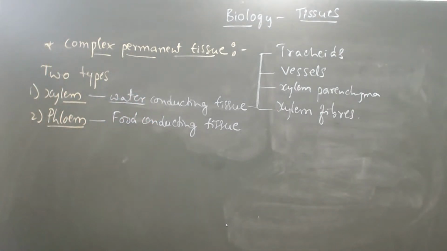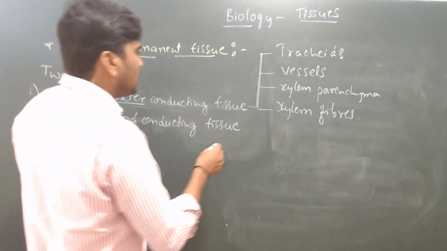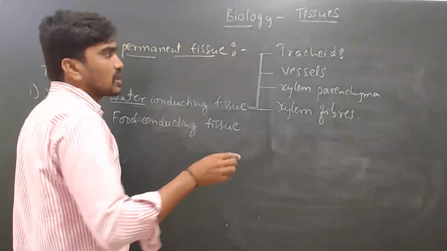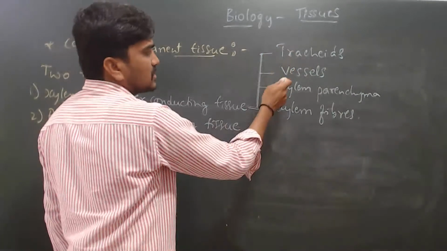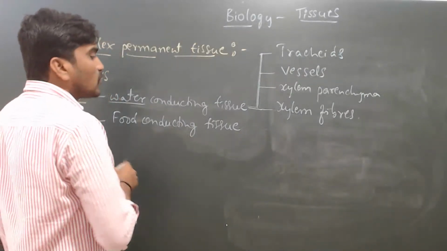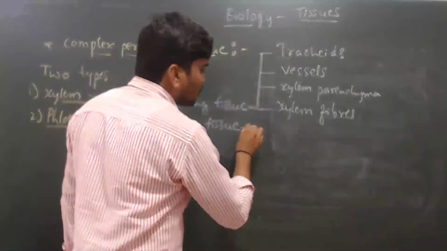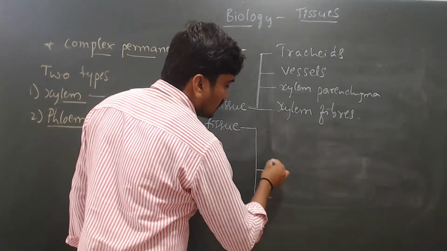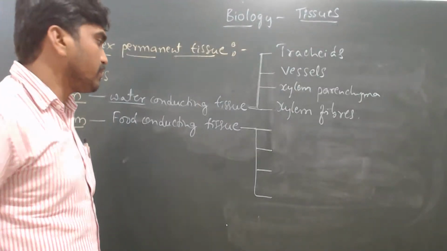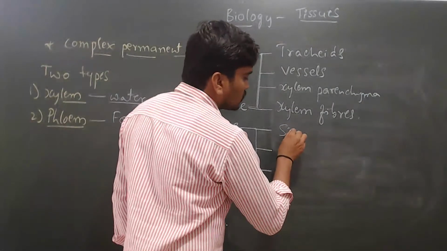Next, the four components present in phloem. In the same way that xylem contains four components, tracheids, vessels, xylem parenchyma and xylem fibers, phloem also contains four types of elements. Which four are present in phloem? The first one is sieve tubes.